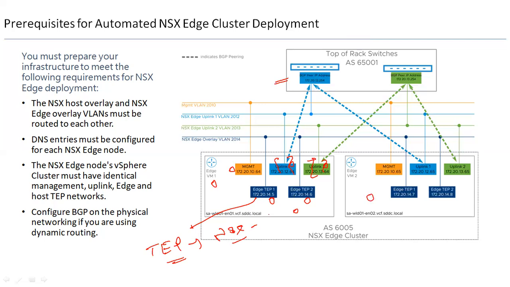VMs. Edge could be deployed as standalone or in a cluster. With an NSX Edge cluster we can go with a bare minimum of two nodes in active configuration, or with active and standby.